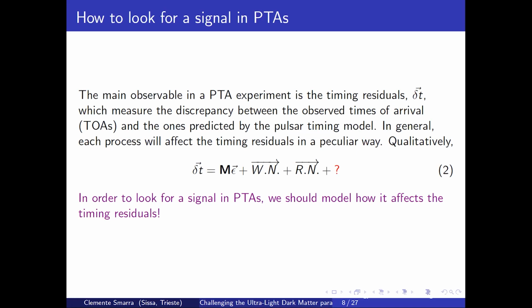So you have a set of observations, you fit them, you have a timing model, then you predict that the following pulse is arriving at a specific time. Then you observe the following pulse, and maybe you notice that there is some discrepancy. And you can do this for every time of arrival. The discrepancy between the observed times of arrival and the predicted ones is called the timing residuals, and it's the main observable in the experiment.